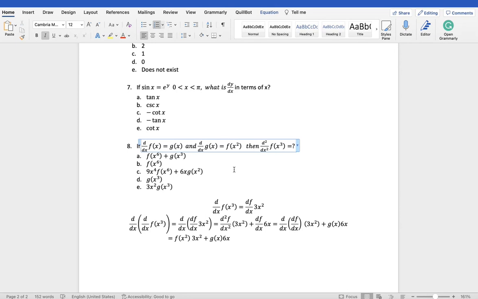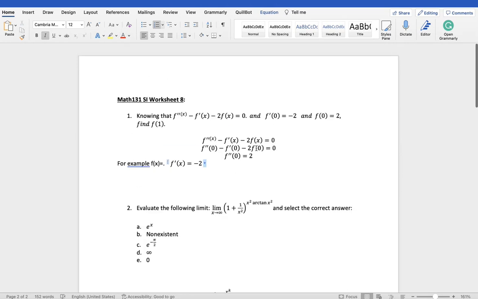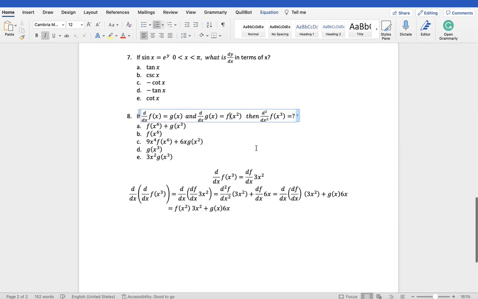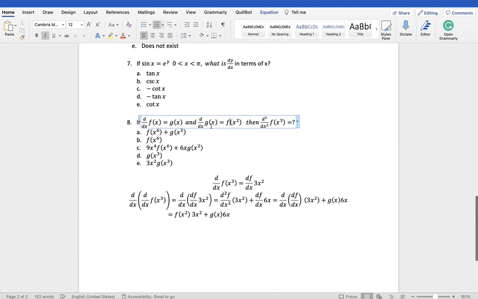That especially applies for polynomials. So if we assume that all of these functions are polynomials, then if the derivative of g of x is a function of the second order, then g of x itself is a function of the third order, right?